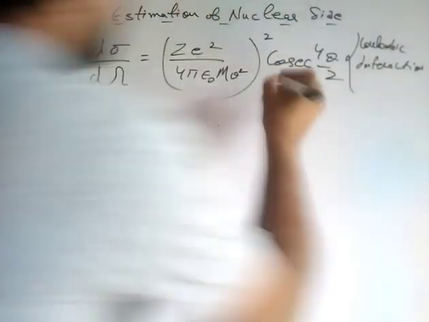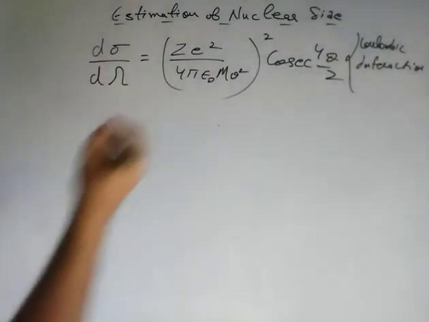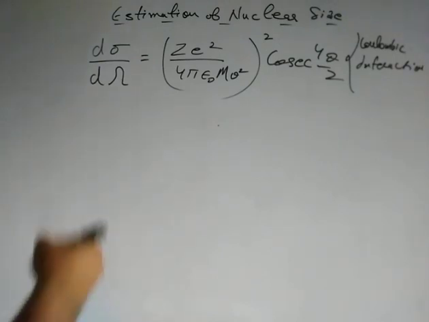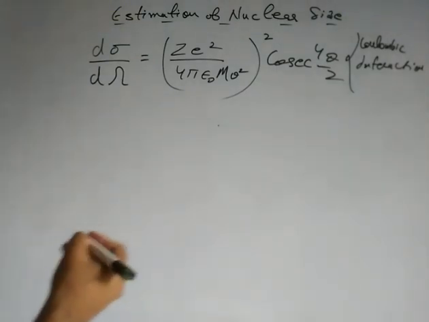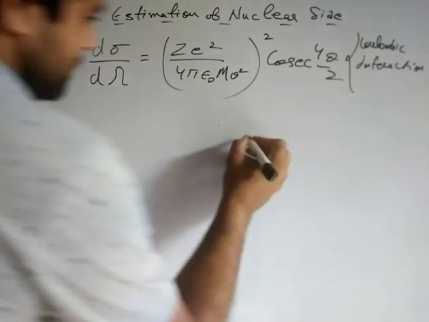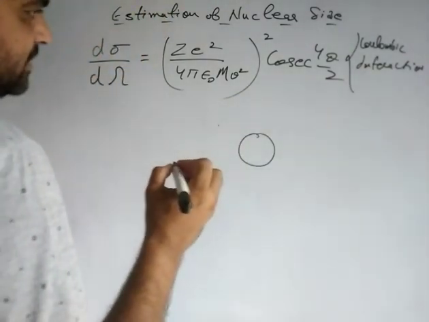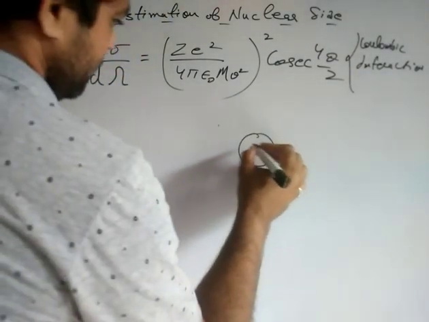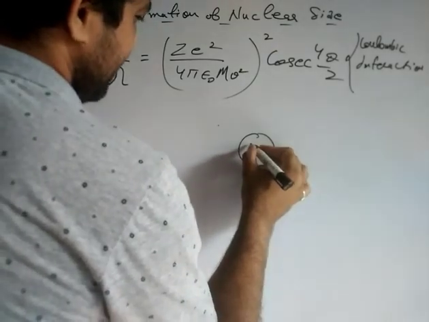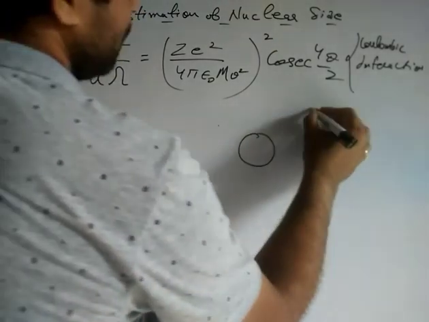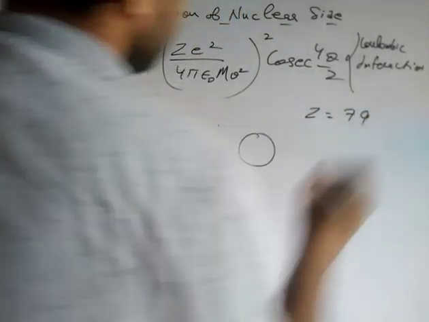What do I mean by purely Coulombic interaction? Suppose this is your gold nucleus, and you know that for gold the atomic number Z is equal to 79.